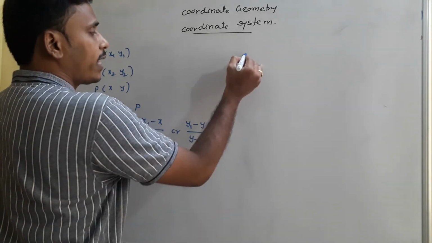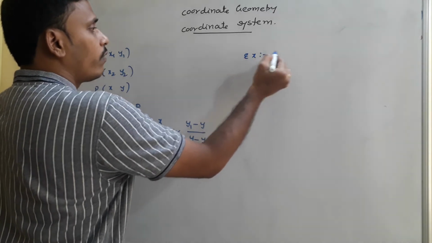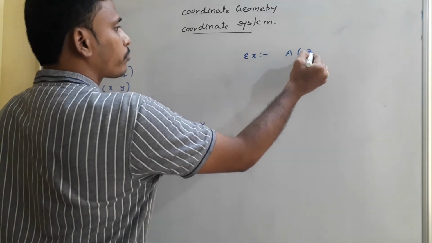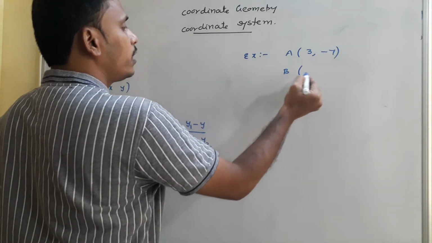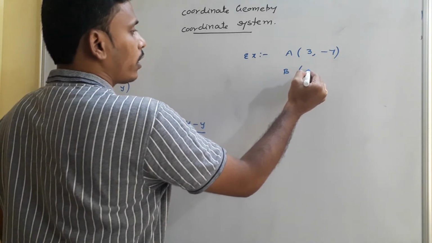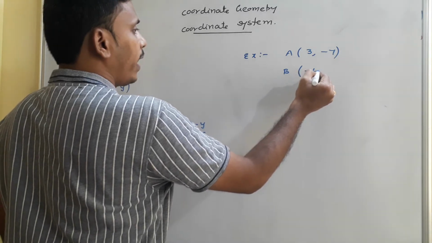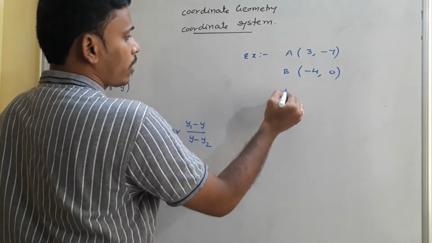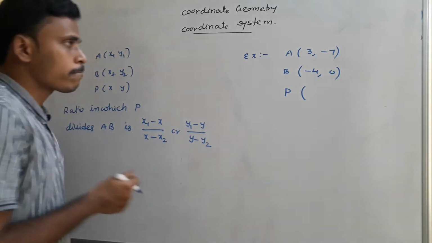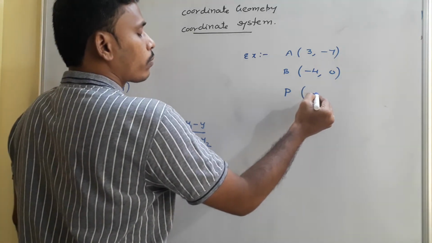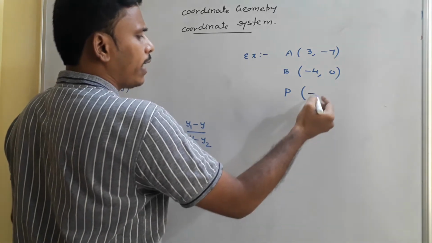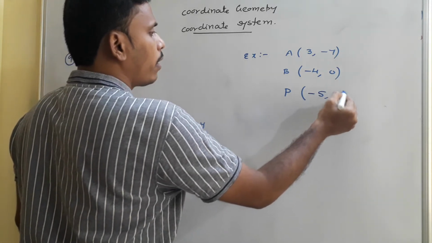For an example I am discussing here, I have a point A (3, minus 7), and B is what I need to take, (minus 4, 0), and P is the point, it may be anywhere actually, (minus 5, 1).